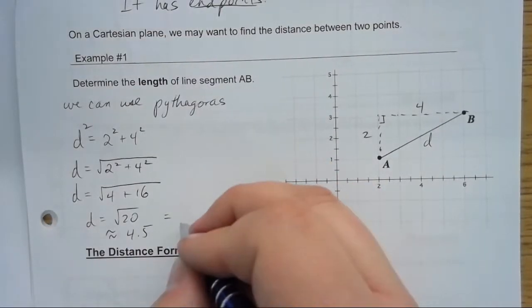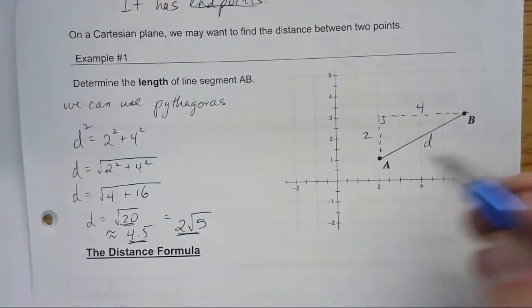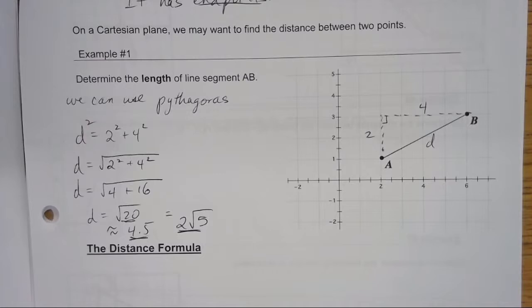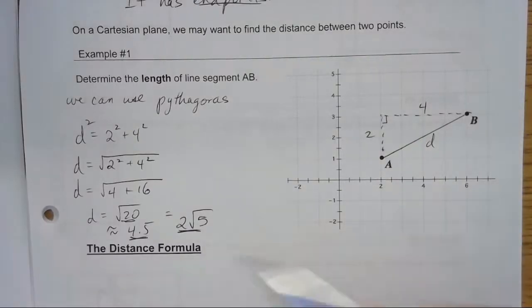Remember, I can simplify that. I could also say that it is exactly 2 root 5. But one way or the other, all three of these things represent that distance. Kind of mind-blowing that something as simple as a line that connects 2 points could be a number that I can't even write to you with a fraction. But that's exactly the way math works.